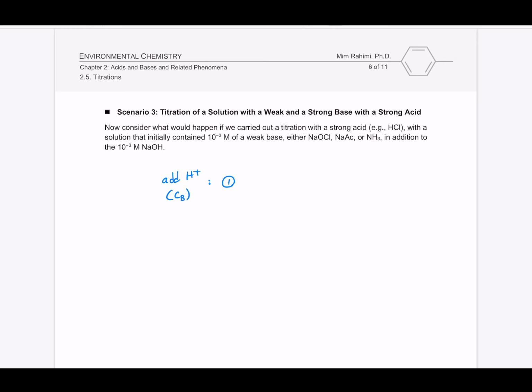Exactly. So first it neutralizes the OH minus from the strong base. So basically you had hydroxide plus H plus.